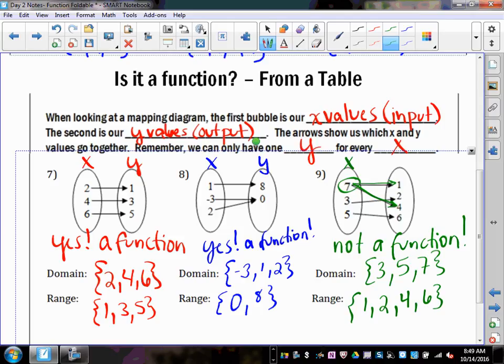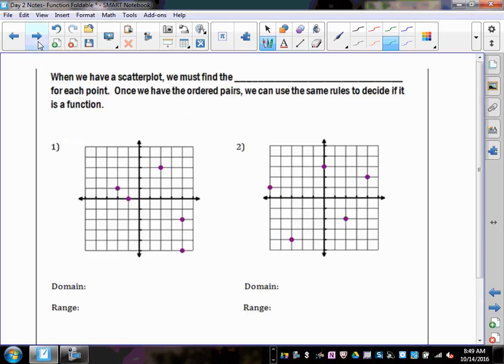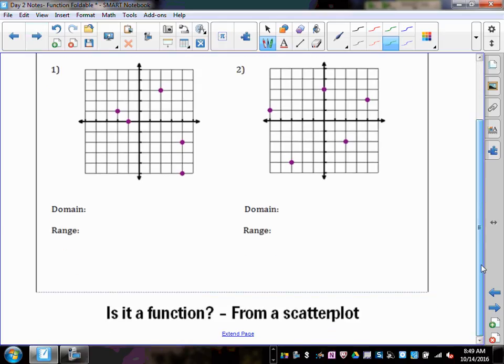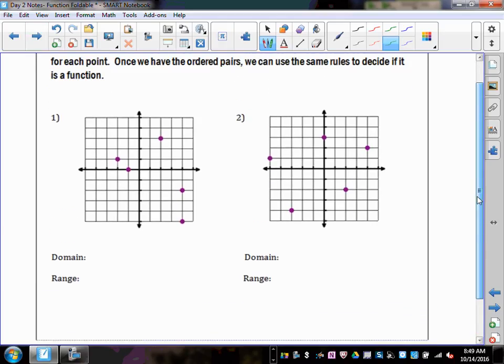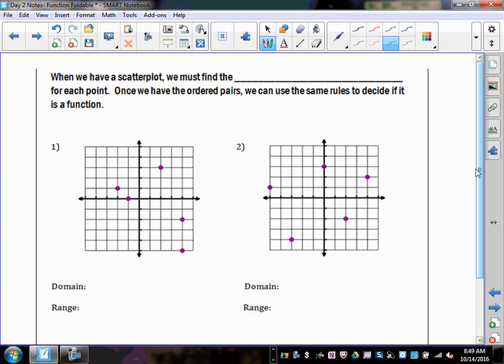Fantastic. Next up, scatter plot. So remember, a scatter plot is just a bunch of dots on our graph. So how in the world do we know if it's a function when we're dealing with a scatter plot? All right.